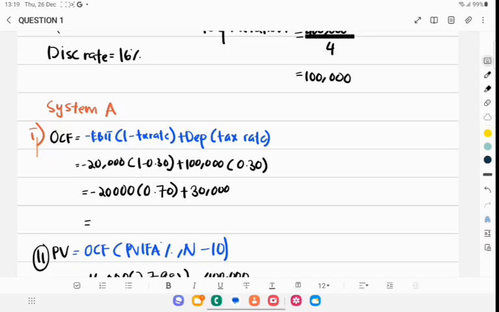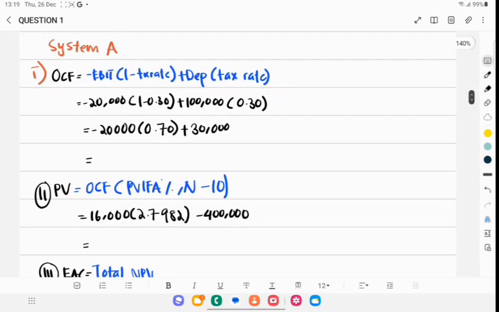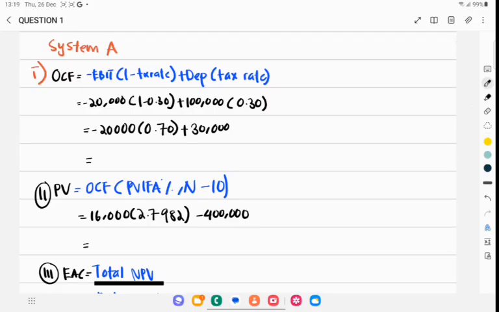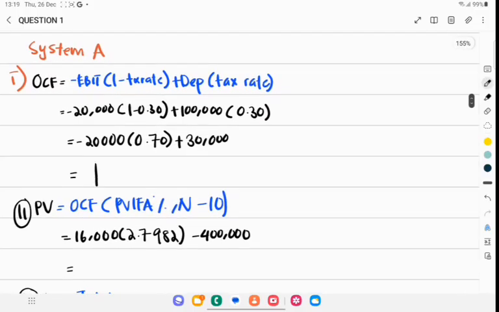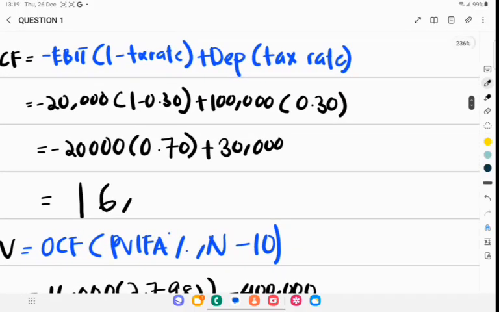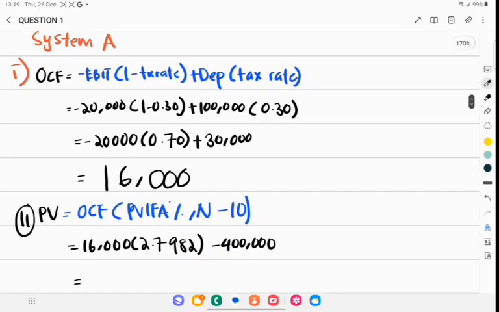Next, negative 20,000 multiplied by 0.70 plus 30,000. So the answer is 191,600 for the OCF of system A.